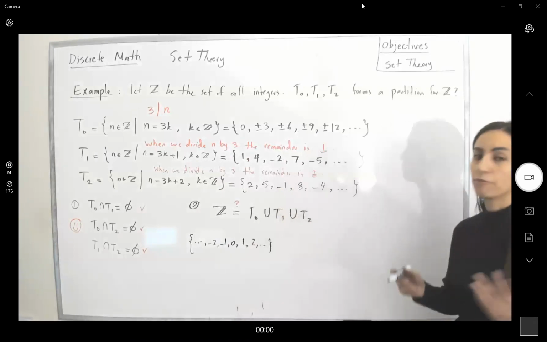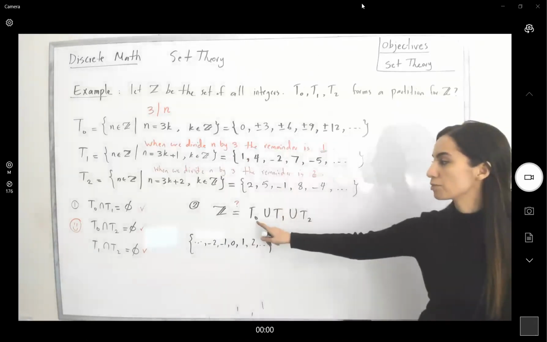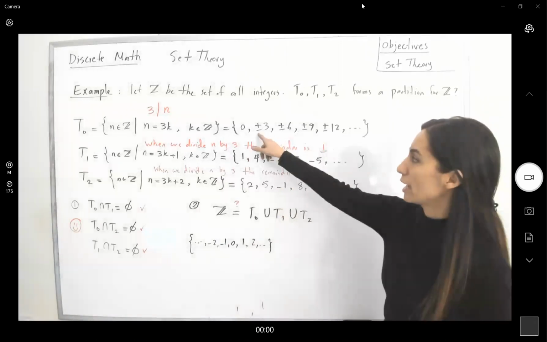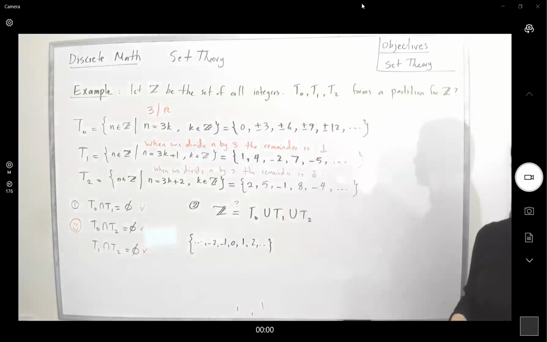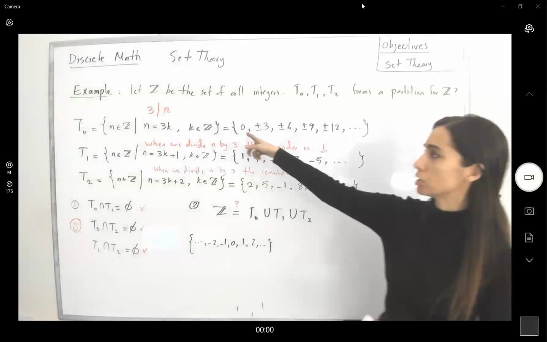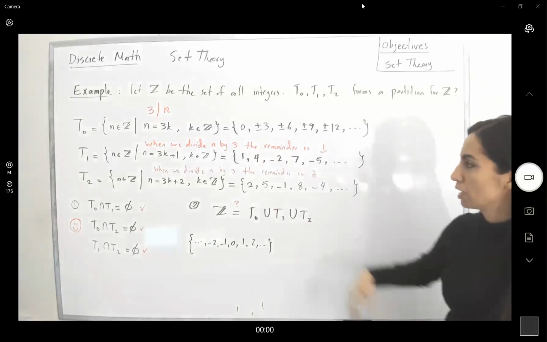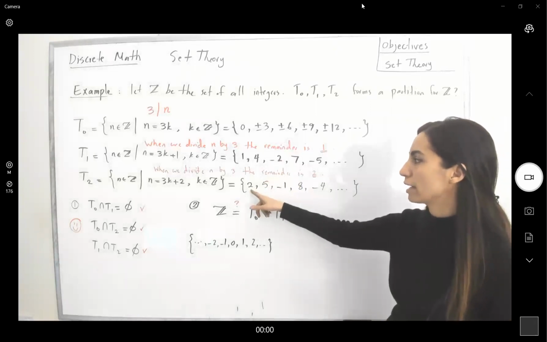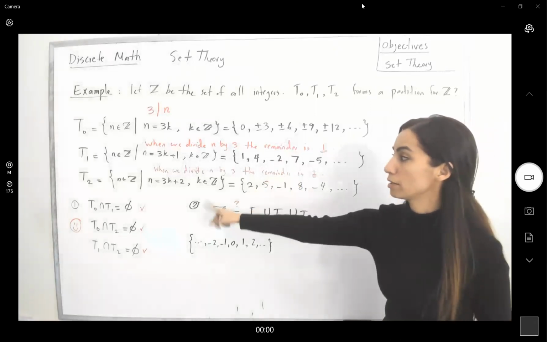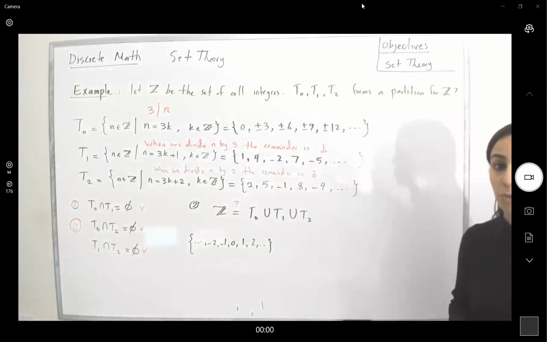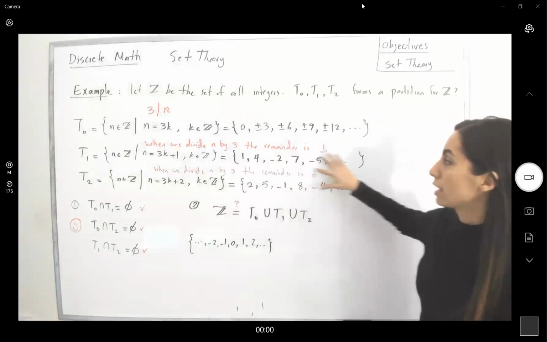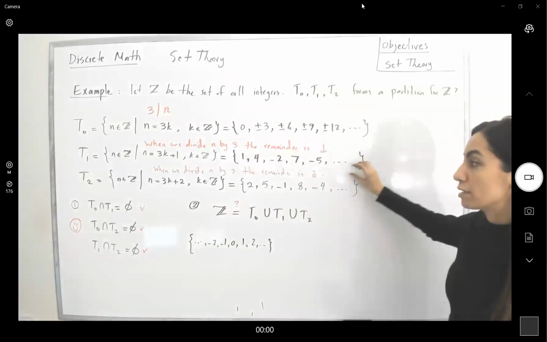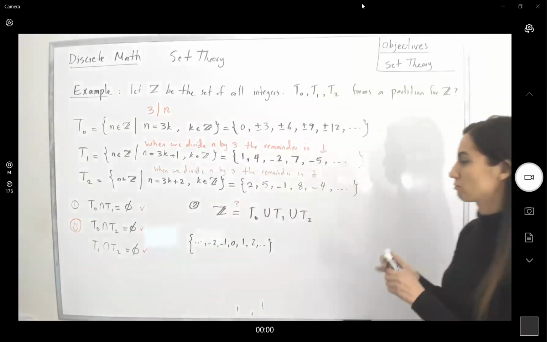How about if I find the union between T sub 0, T sub 1, and T sub 2? Okay, this guy has all the multiples of 3. It also includes 0. This guy has negative 2. This guy has positive 2. And I already know that there is no intersection between them. So whatever is left that is not a multiple of 3 is either here or here. Very well.